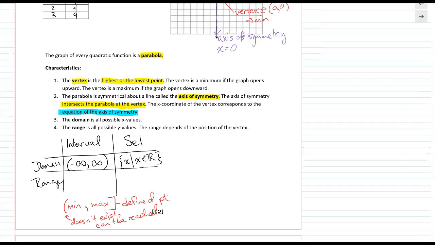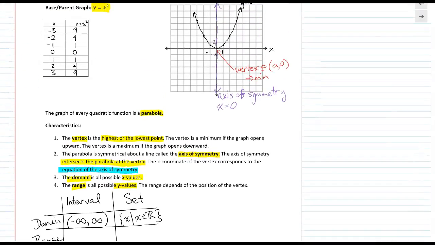Our range, remember, so domain is your x values, range is your y values, and it really depends on where your vertex is. If we look back at our graph, and we imagine this graph is casting a shadow onto our y-axis. So there's a light source here, and it's shining this direction. Where do we get a shadow on our graph?